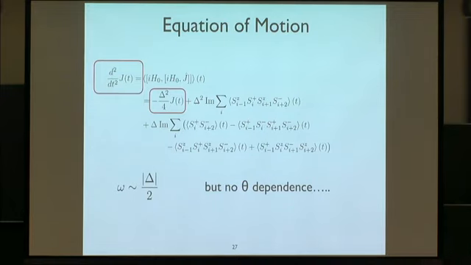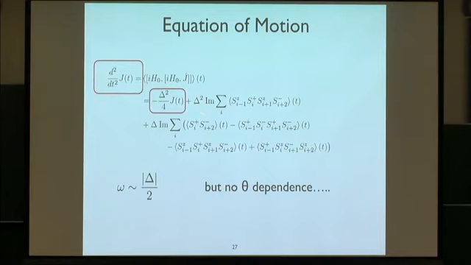We don't really have a good understanding of this result, but if I extend this equation of motion approach, then the second derivative of the uniform part of the current is given by this double commutator. And I get a lot of complicated terms. But if I forget about these complicated terms without any justification, then the first term actually gives a harmonic oscillation of the uniform part of the current.